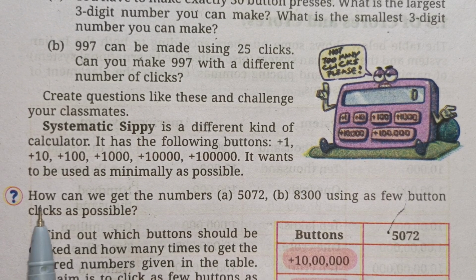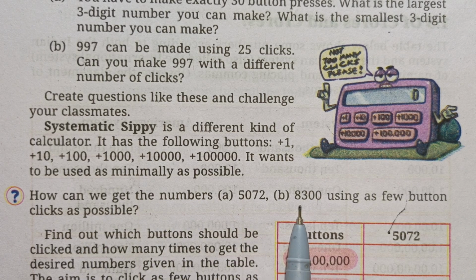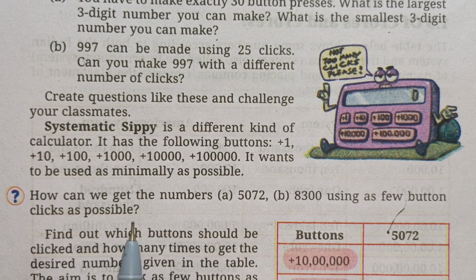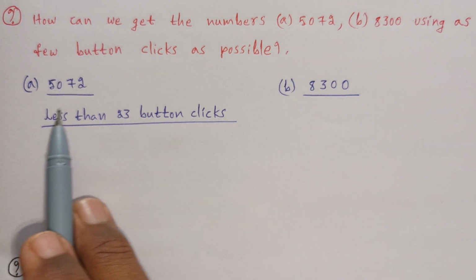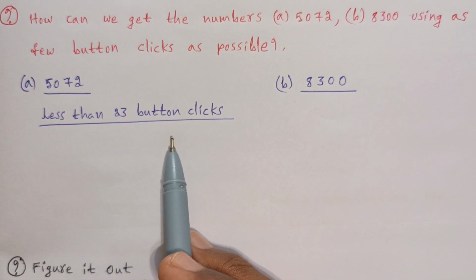Here one more question is also asked: how can we get the numbers 5072 and 8300 using as few button clicks as possible. So here we have to get 5072 with less than 23 button clicks.